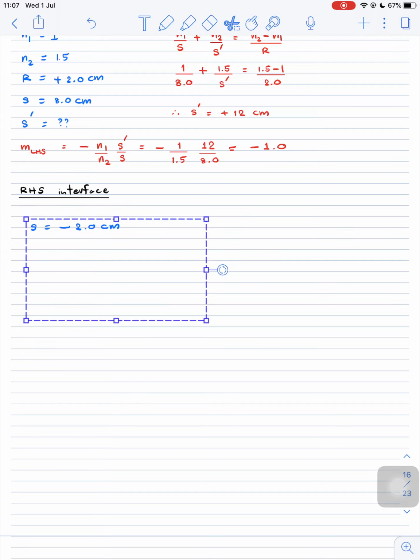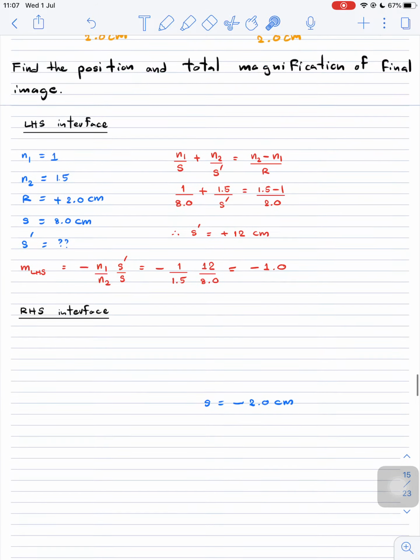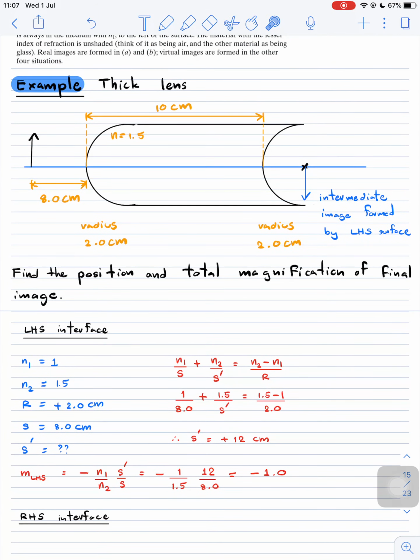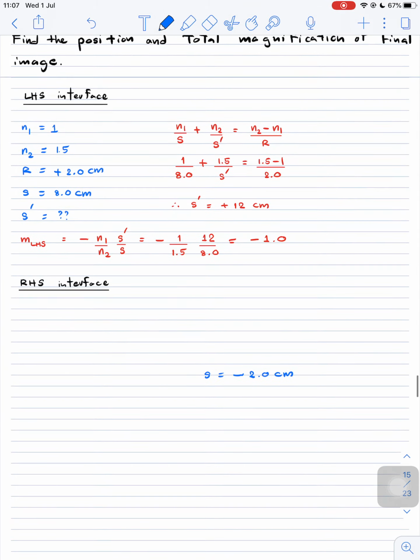Let's just put it here first. Now for the n1, don't forget that the number 1 is reserved for the medium which is on the same side as the incident ray. In this case the incident ray is on the left hand side of this interface, so n1 equals 1.5.